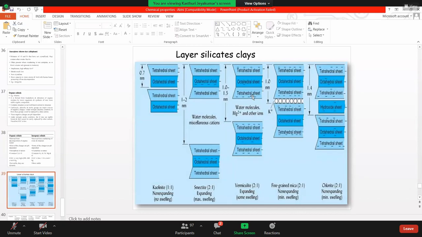You can observe K+ ions in between the layers, so it doesn't have expanding nature due to the K+ ion present. And the last one, 2:1:1 type, and example is chlorite.